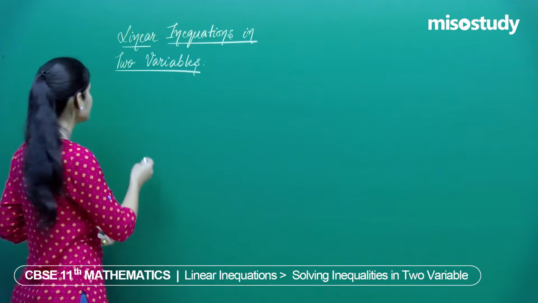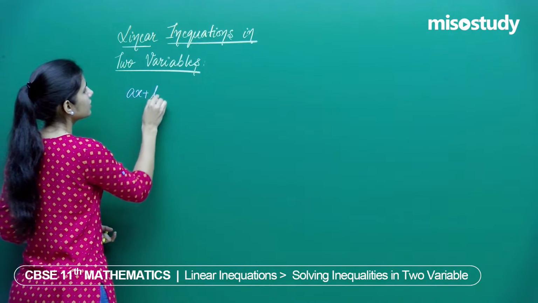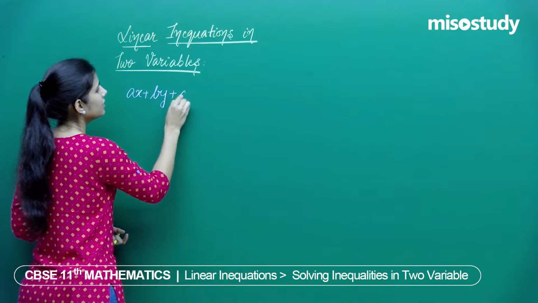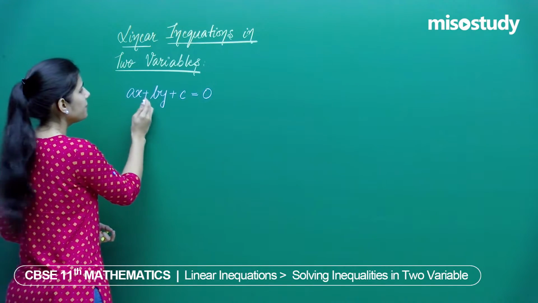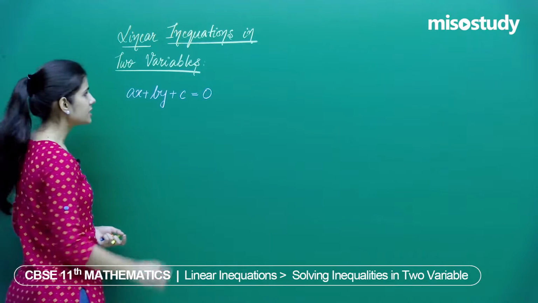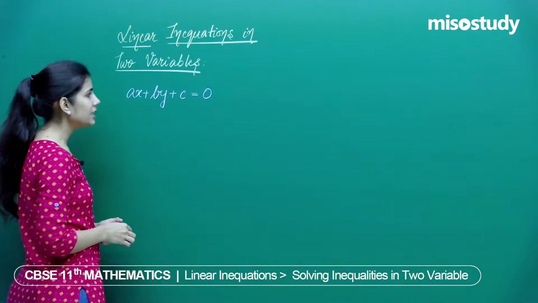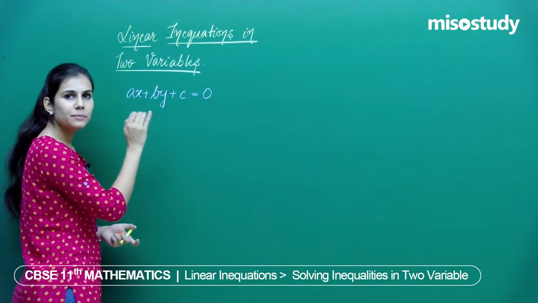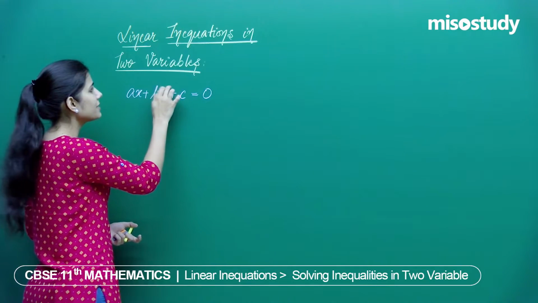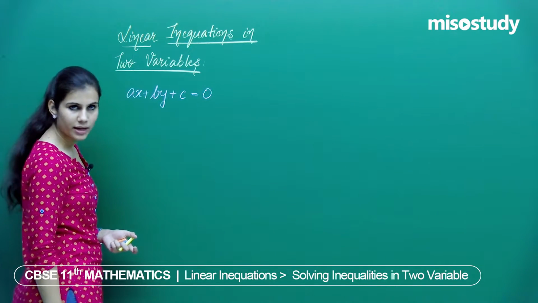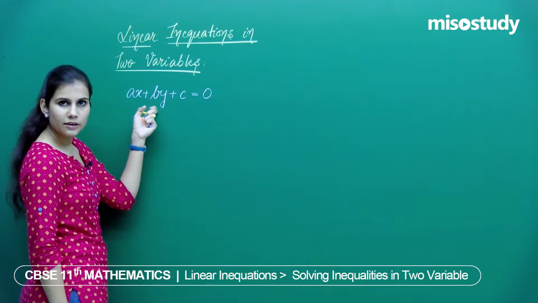concept. When I talk about ax plus by plus c equals 0, here a, b, c are real numbers, a and b are not equal to 0, right? That means x and y are very much present variables in this particular expression, and both of them are sitting with highest power as 1, because I am already saying a and b, that is their coefficients are not equal to 0. Fine.